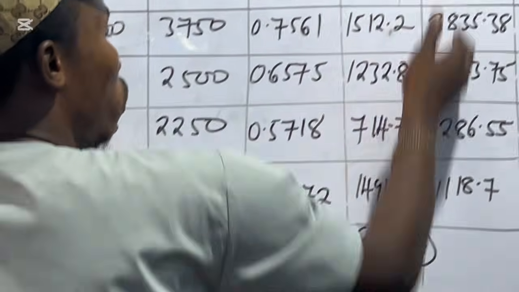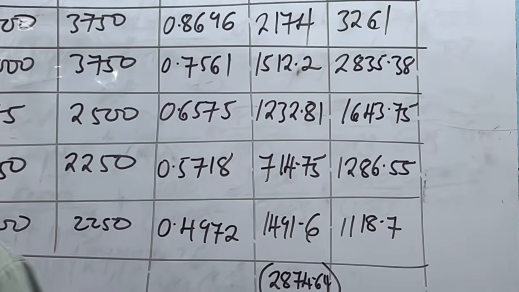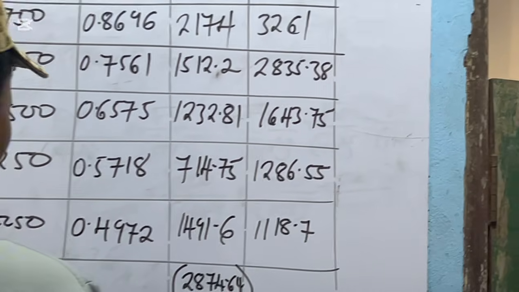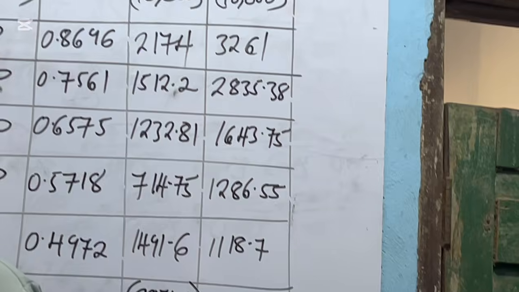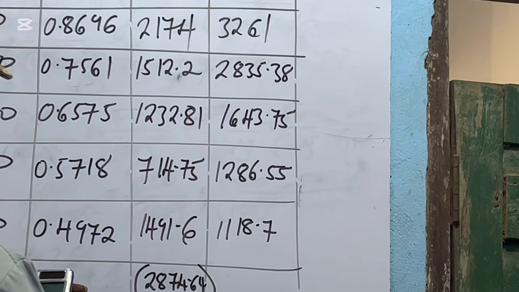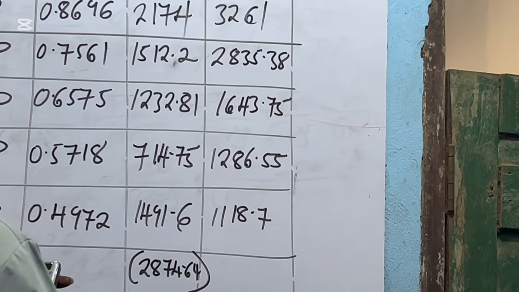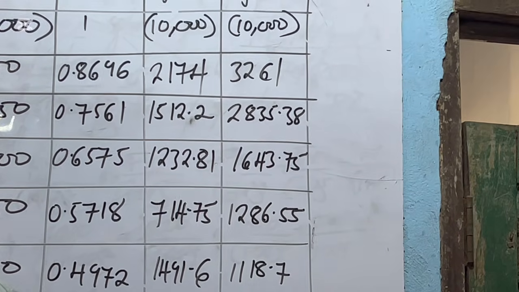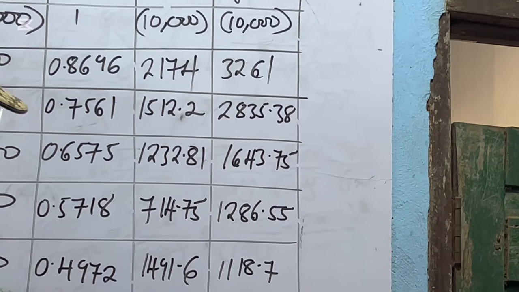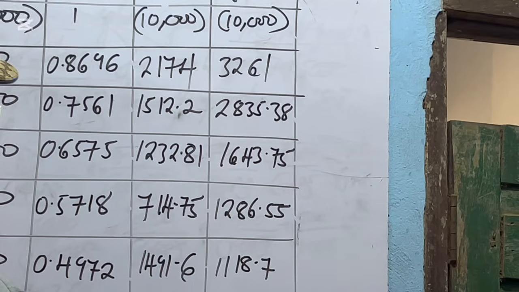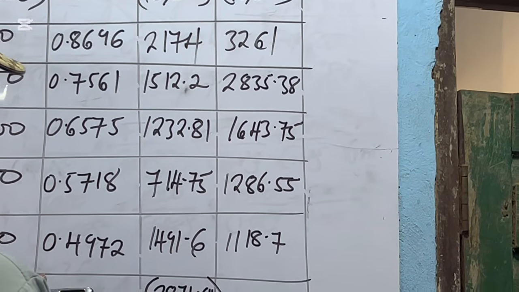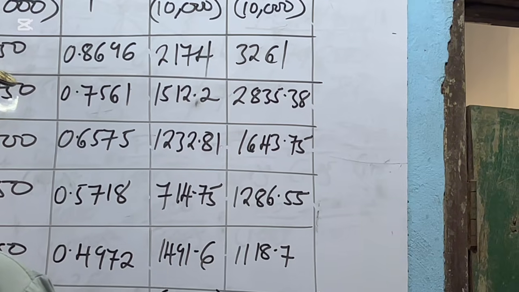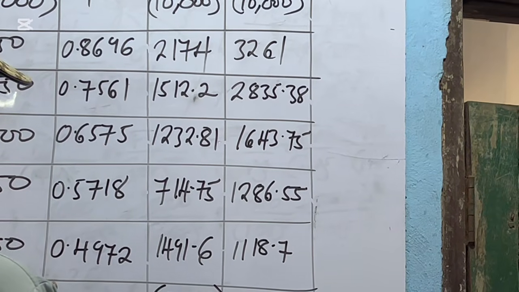Now, let's do the same for this. So we add 1118.7 plus 1286.55 plus 1643.75 plus 2835.38 plus 3261 minus 10,000.